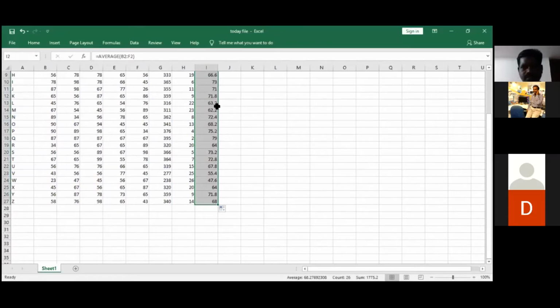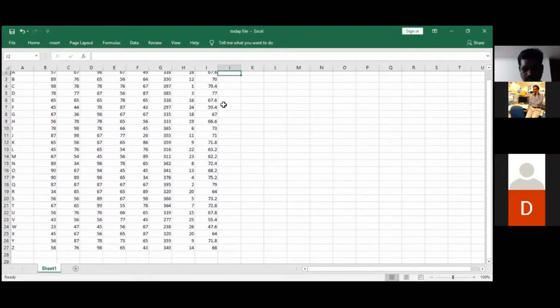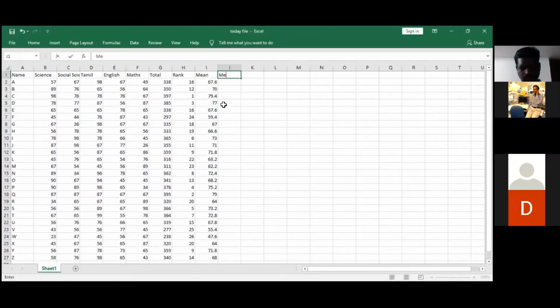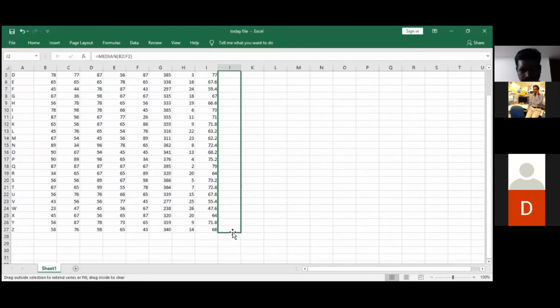Then likewise the median, with the same formula from V2 to the last cell. So that is the median.